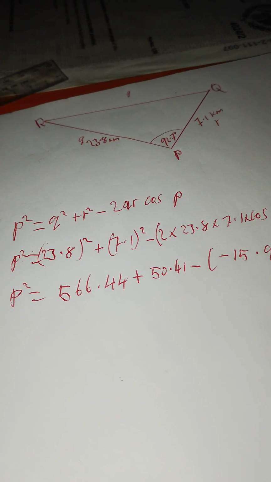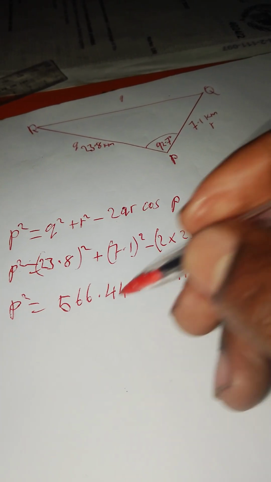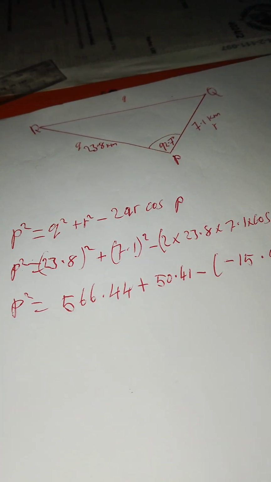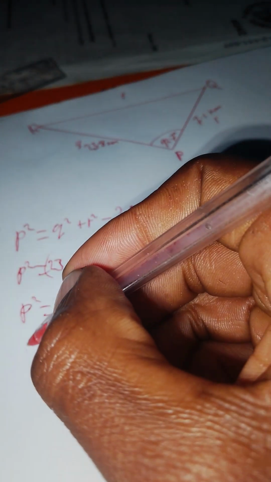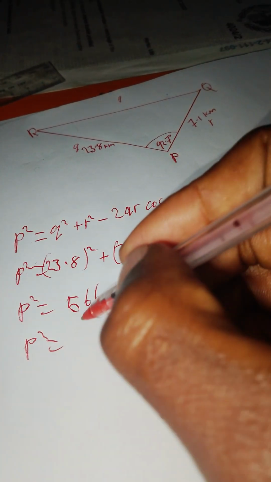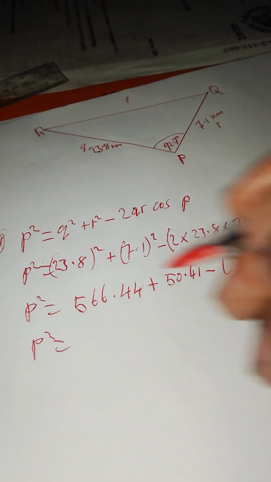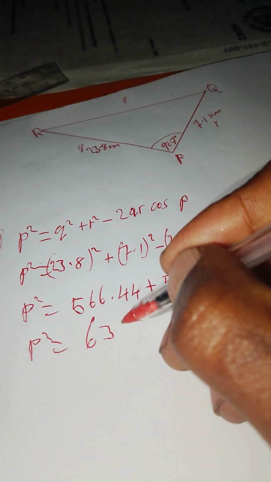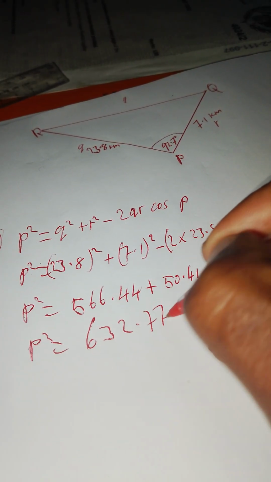Okay, so now let's add these. You can do this on your calculator. So P squared is equal to, add these on your calculator, you're going to have 632.770.